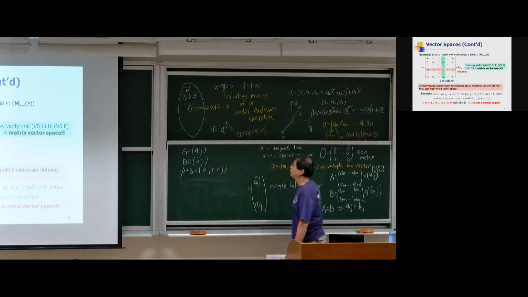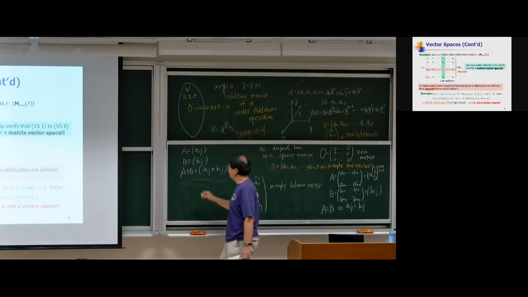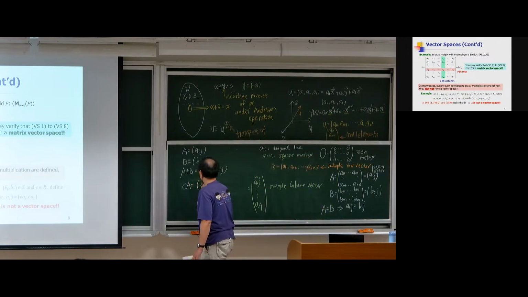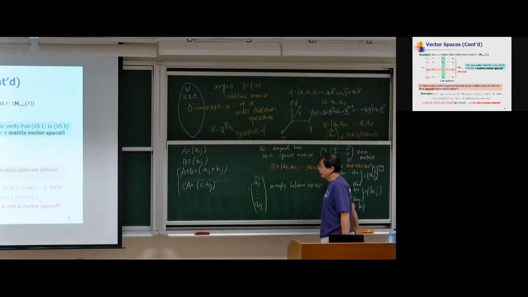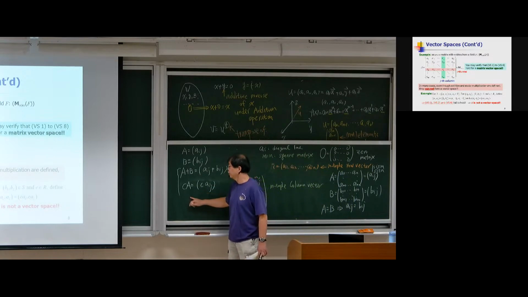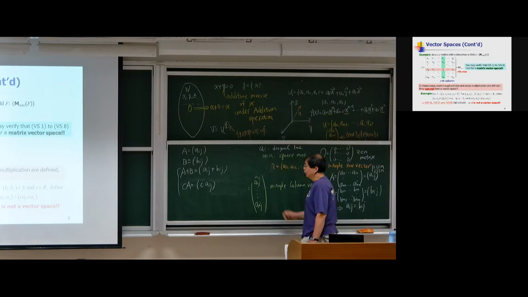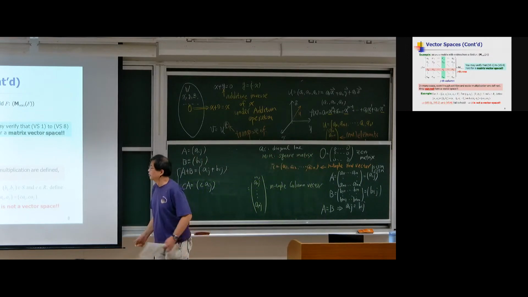We do the sum of entries at the same positions. And we define cA as c Aij. So we have the definition of addition of two matrices and scalar multiplication of a matrix, and then VS1 to VS8 hold.